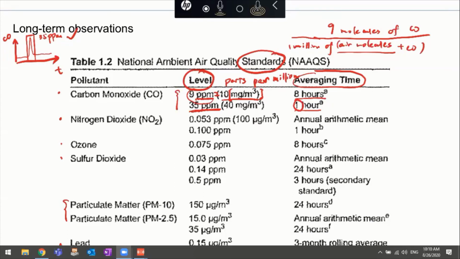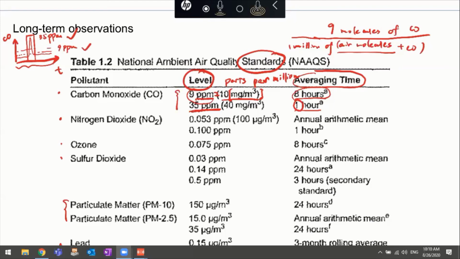But if the measurement continues for a longer time, let's say 8 hours, then we know that the average concentration will of course be lower, although higher than the background, but lower than this highest concentration of the spike. So that's why for a longer averaging time, we're going to use a lower standard here. So as long as it's below 9 ppm, we'll say that the air quality is good.